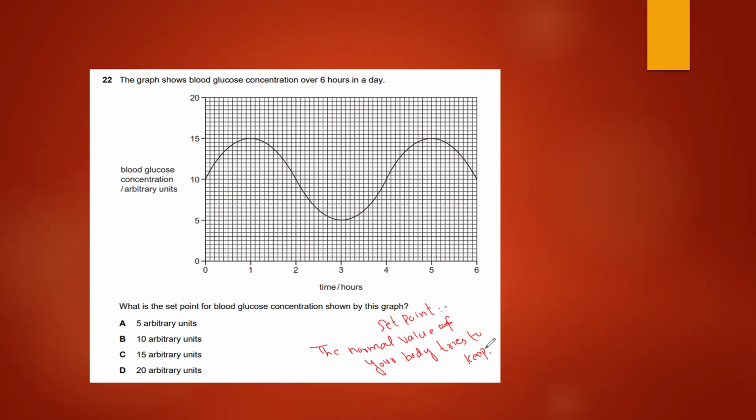So look here in the graph. In this graph, after a meal, have a look. When the meal is taken, at 1 hour the glucose level starts to increase. Then with time the glucose level starts to decrease, and around 3 hours the glucose level has completely decreased in our body.